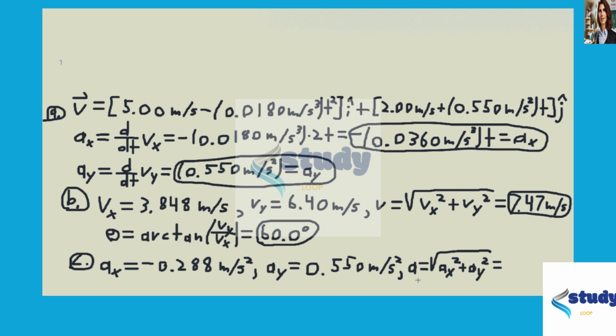So now I'm going to get a value of 0.621 meters per second squared. So that's going to be the magnitude of the acceleration.